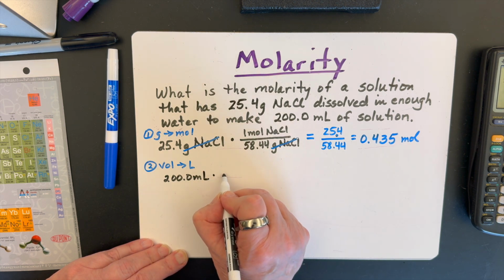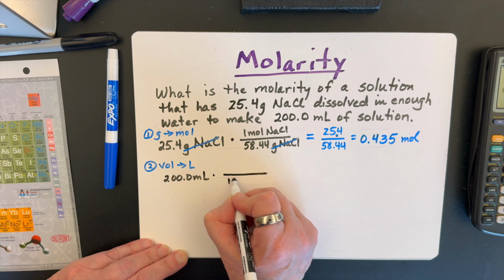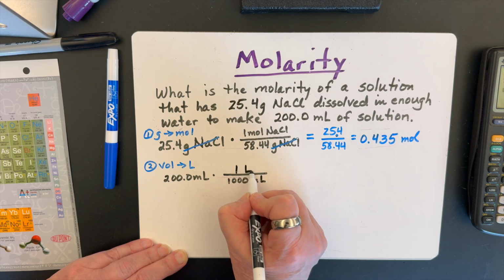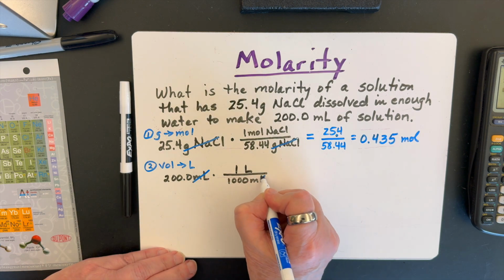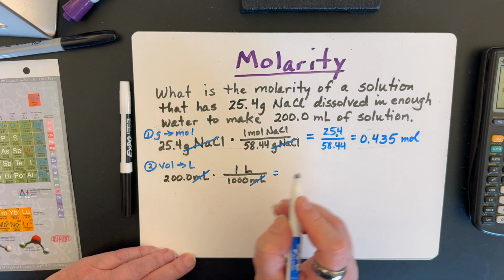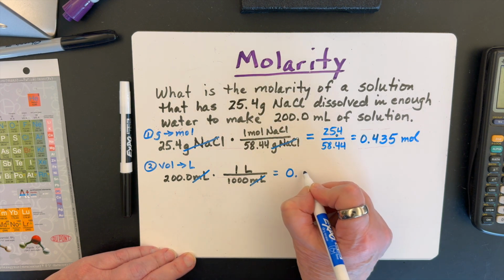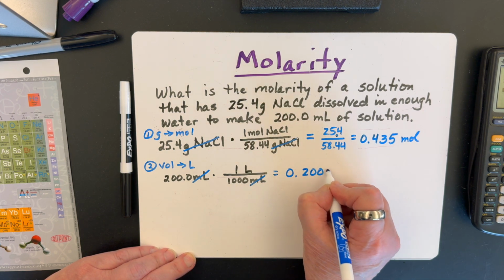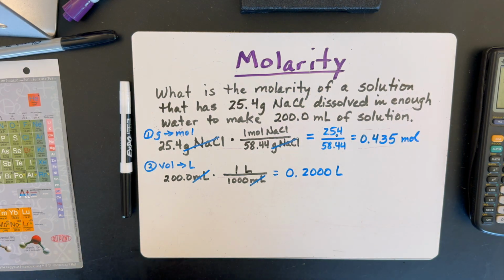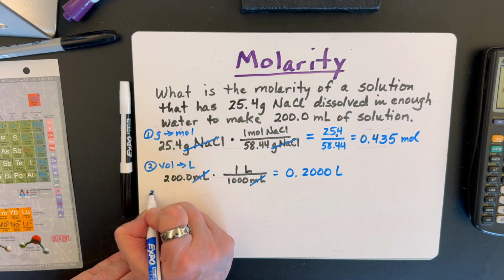So we need a conversion factor. Well, there's 1,000 milliliters in 1 liter. Milliliter unit cancels. Work out the math. 200 divided by 1,000 is 0.2000 liters. So now we're ready to calculate molarity.